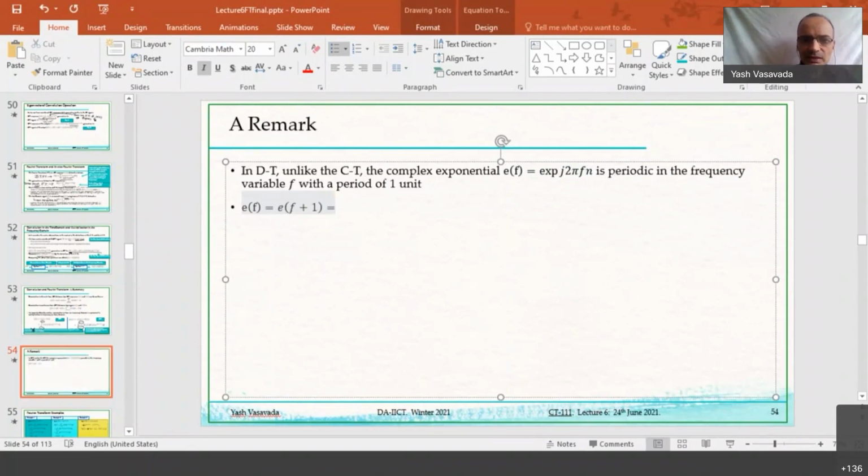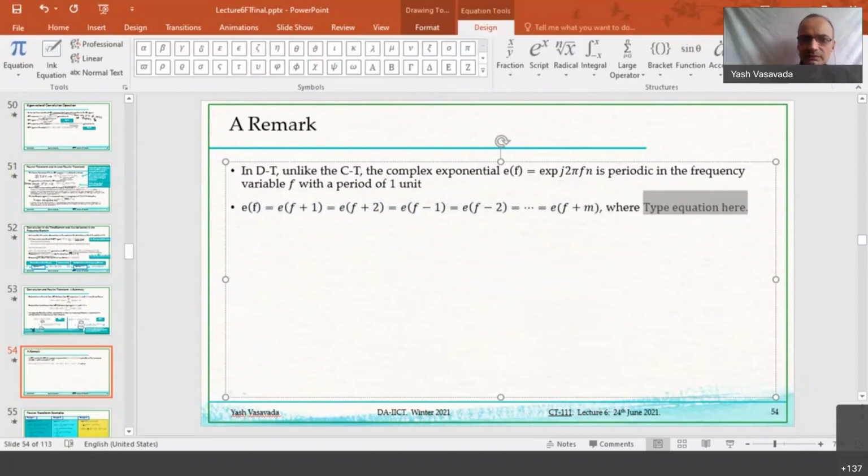And this is the same as E of f plus 2. This is the same as E of f minus 1, the same as E of f minus 2. And in general, this is the same as E of f plus m, where m is an integer.